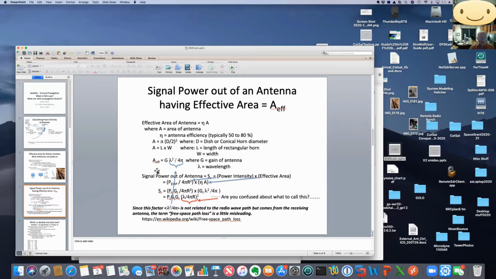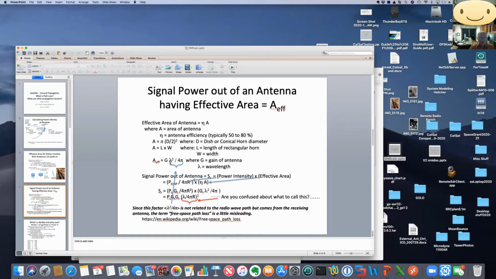And so there's an equation that's pretty useful to know about, which doesn't involve the size of the antenna or the dipoles directly. The effective area of an antenna is the gain times lambda squared over 4 pi. Lambda is the wavelength of the signal. In the case of 436 megahertz, it's about 70 centimeters, so 0.7 meters.